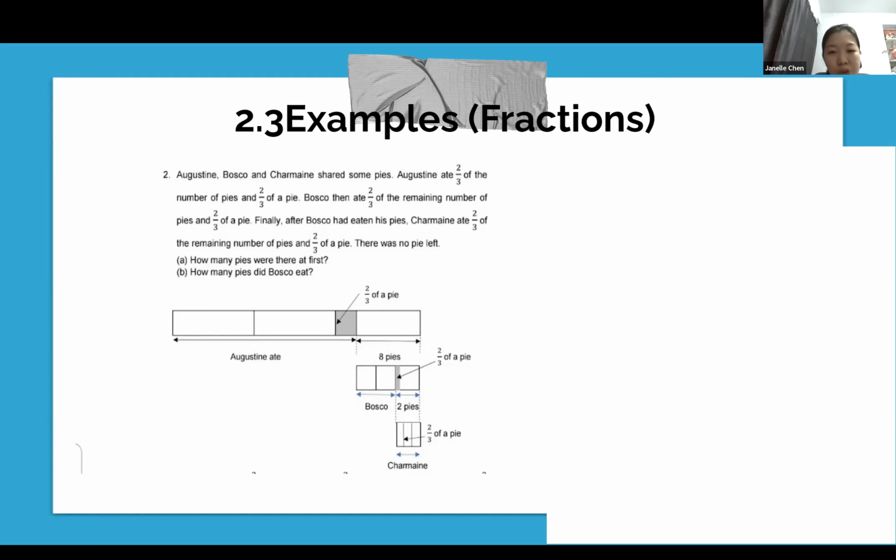You easily find 3 problem sums with fractions in them, or one of them is fraction, one of them is decimals, or percentage or ratio, but somehow you still have to involve fraction in it. So it's kind of important.